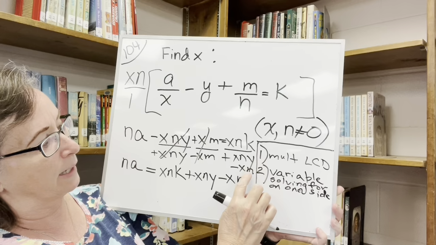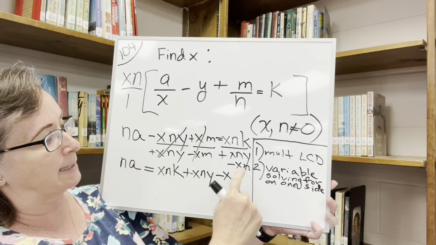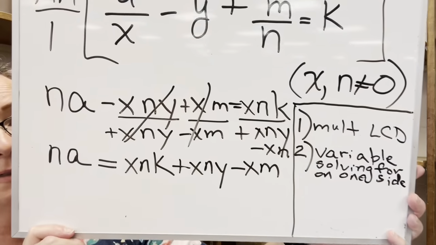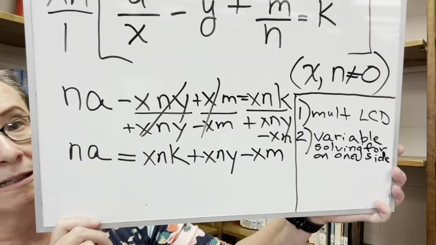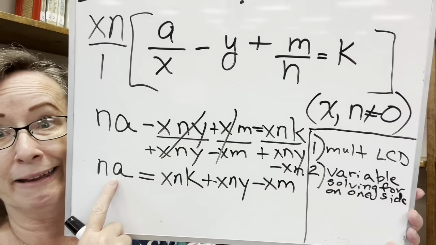That's an m. It looks like an n from here, but that's an m. Okay, because we did a minus xm and a minus xm. All right, so I got all of my x's on one side. Just a little na over here.